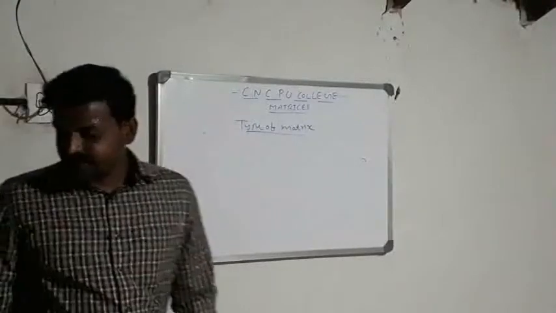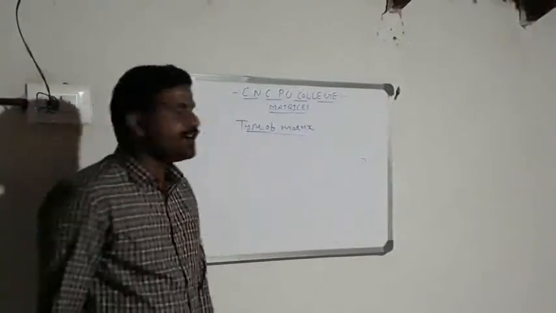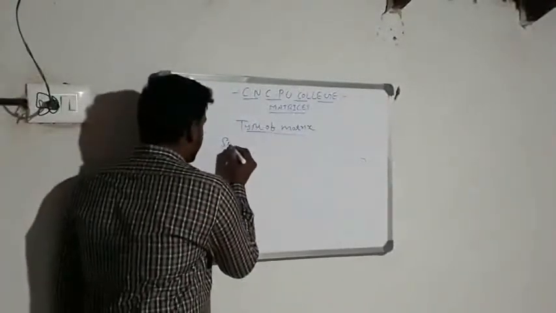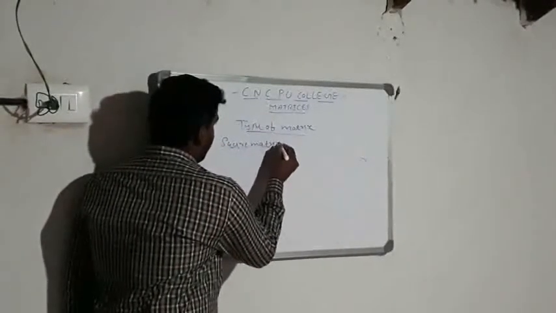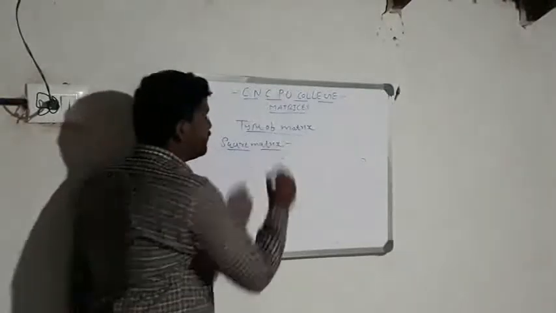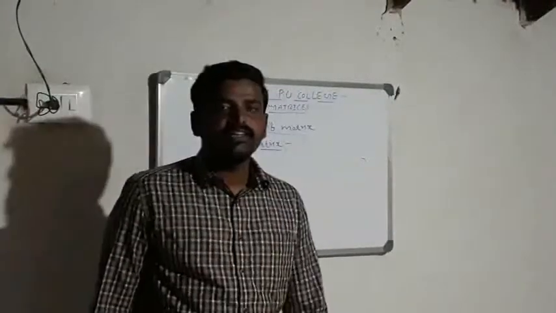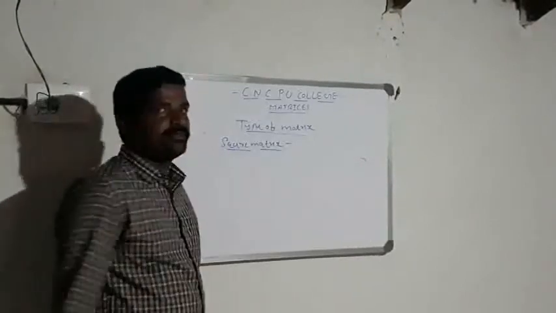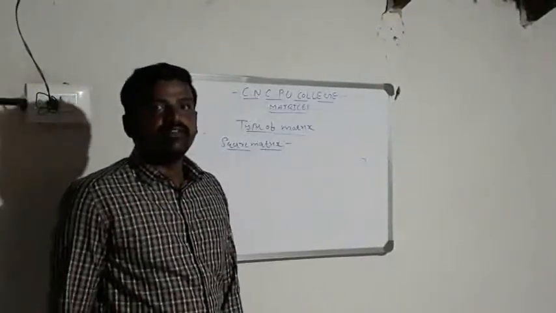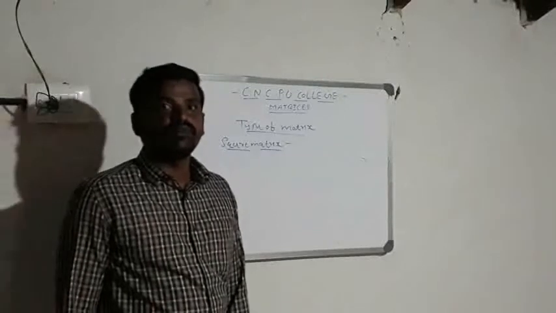Okay. Next type of matrix is square matrix. A matrix A is said to be a square matrix if the number of rows is equal to the number of columns.